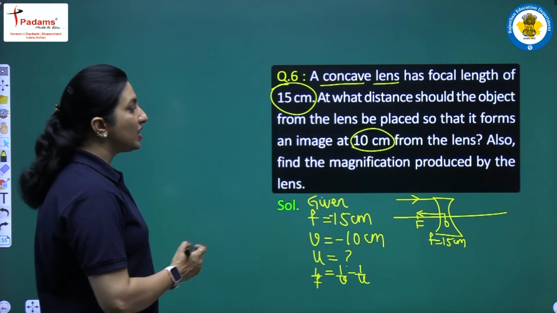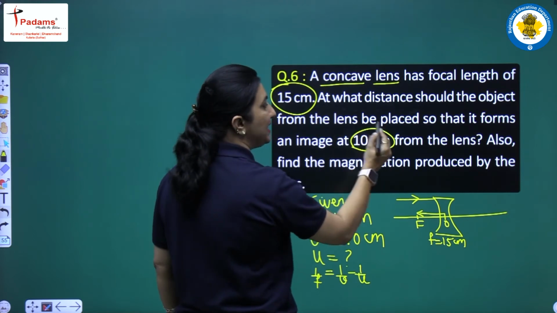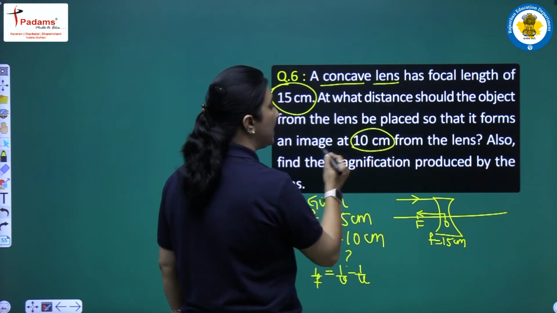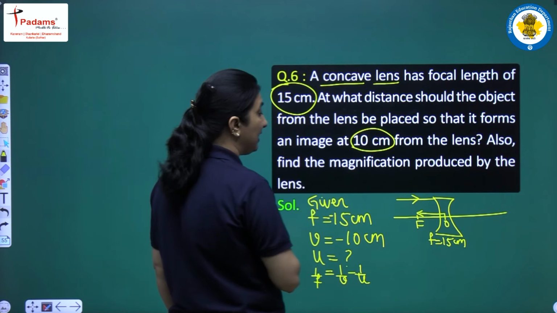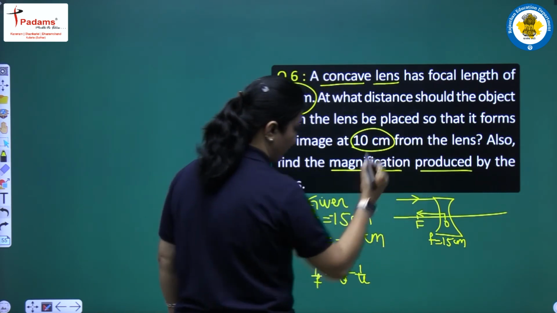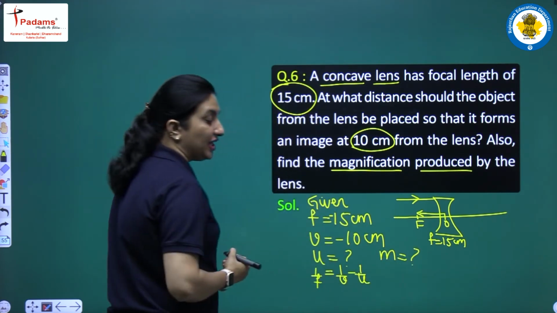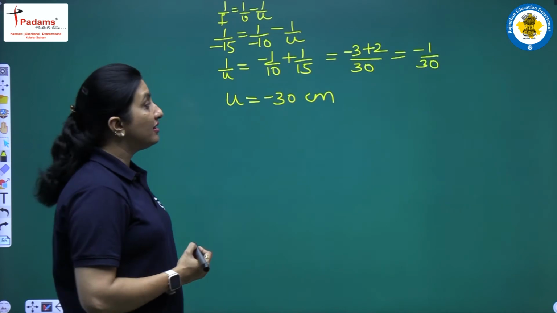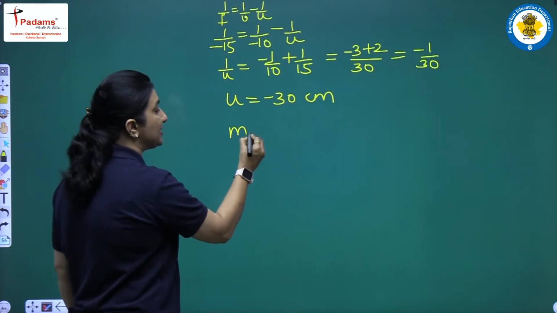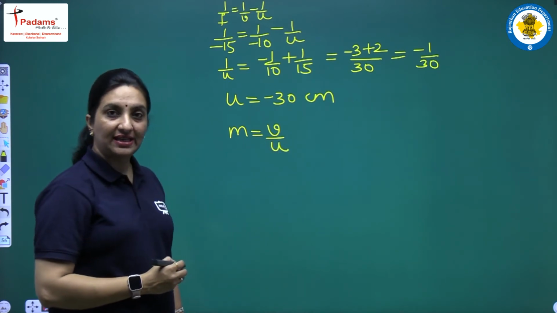So here the object has to be placed at 30 centimeters in order that we get an image at 10 centimeters. This is what was asked: what distance should the object be from the lens so that it forms an image at 10 centimeters from the lens. Also find the magnification produced. Now students, the formula for magnification is V upon U for spherical lenses.